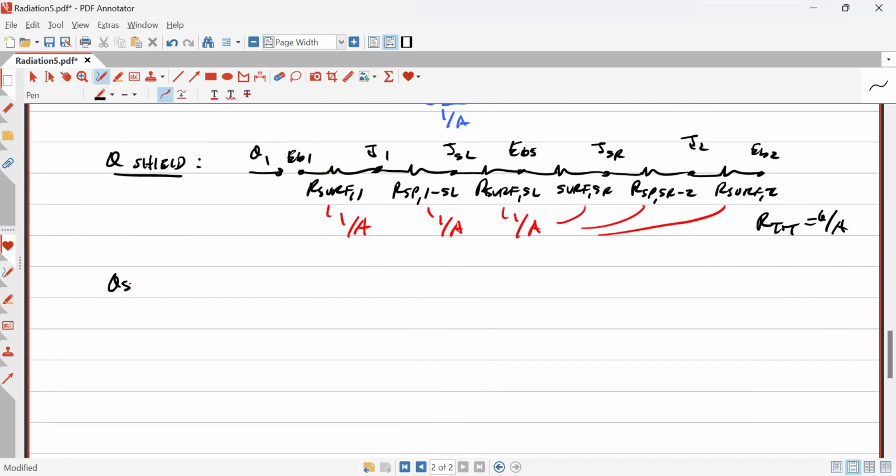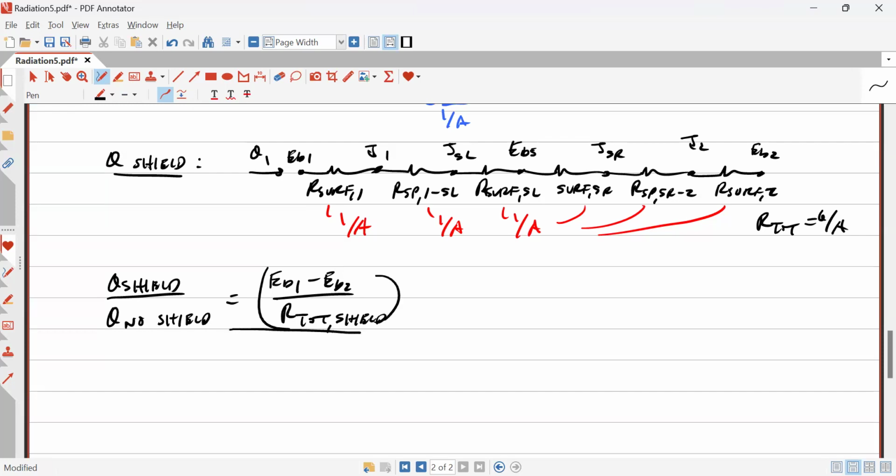So Q shield over Q no shield is going to be EB1 minus EB2 over R total shield, divided by EB1 minus EB2 over R total no shield.